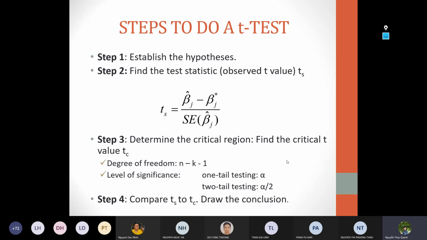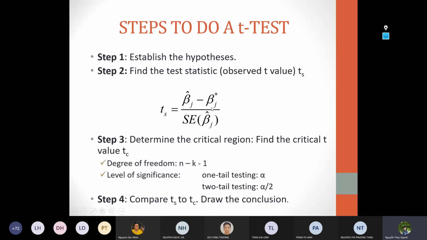When you find it, remember to identify the degrees of freedom of the distribution and the level of significance for the test. Finally, step 4, you will draw the conclusions based on the observed value of t and the critical region. Now, step 2, you have to calculate the test statistic.